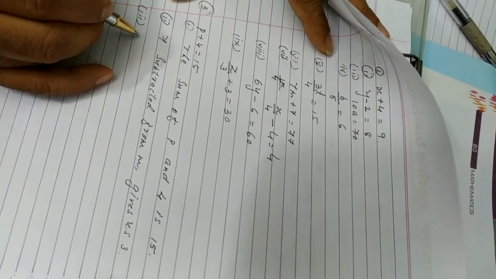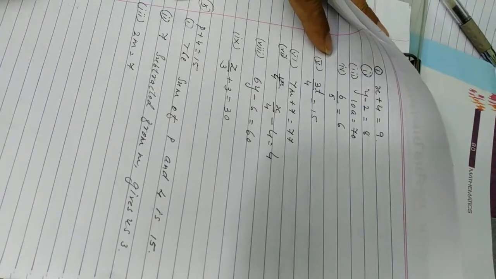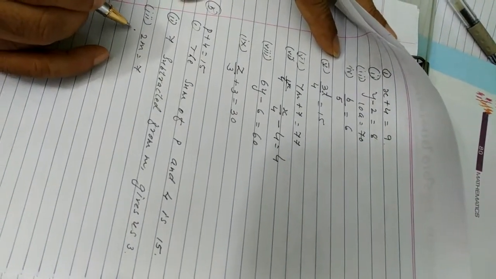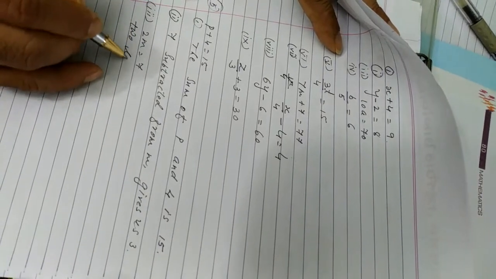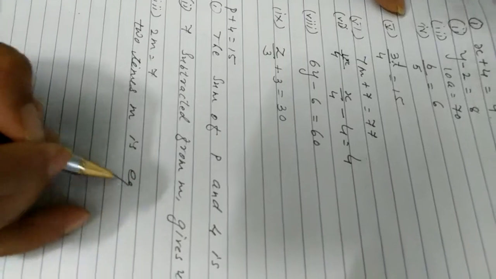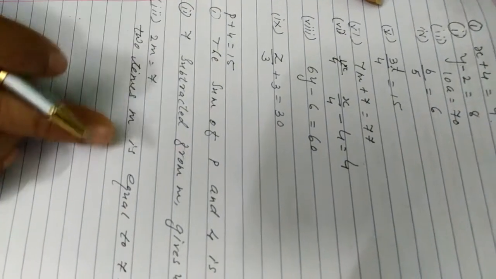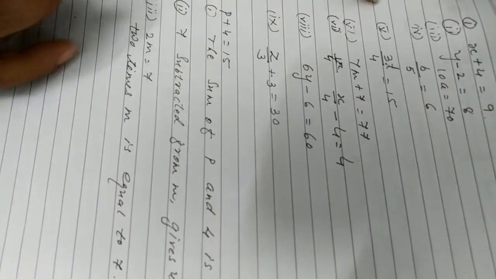So we can say how many times m? 2 times m. How many times? 2 times m is equal to 7.